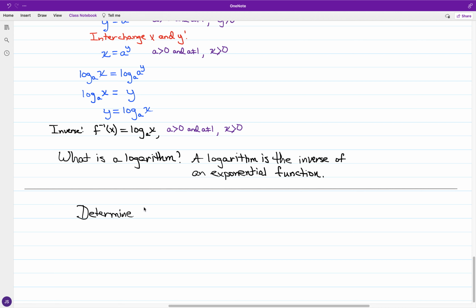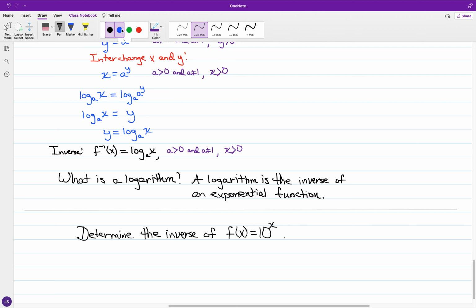Say you want to determine the inverse. Let's say we have f of x is equal to 10 raised to the x. And so we have our exponential function, where the base a is 10.